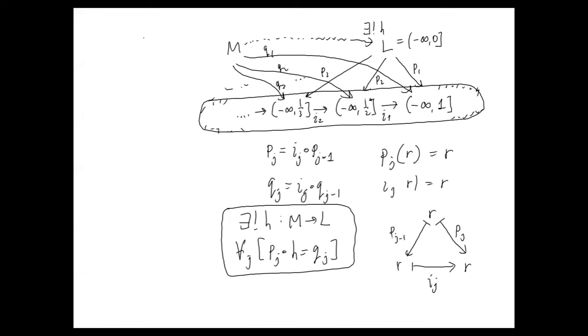And now we want to prove that when these triangles commute for this other cone, which they must, otherwise we wouldn't call it a cone, then there exists unique H that fulfills this requirement. So we will pick, I'm going to write on the left side here, we will pick an element X in M, and we will now explore what to do with that X. So H must map it somewhere in L, right?